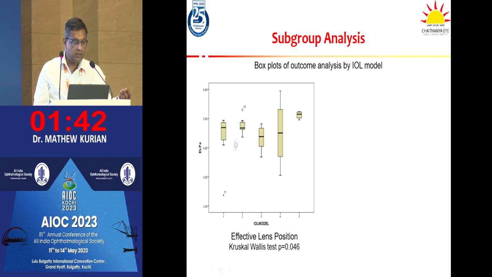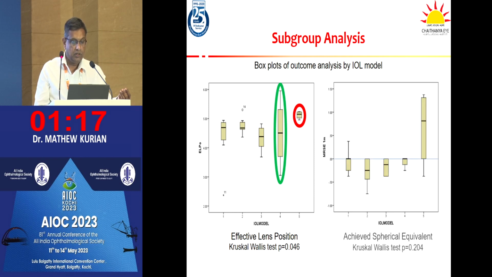When we look at the effective lens position calculation, we find that one of the lenses shows a large variance, which means that this lens is probably more sensitive to the geometry of the eye and is able to adapt to the geometry of the eye with different effective lens positions. Another one, irrespective of the geometry of the eye, tended to have one very particular fixed area for the effective lens position.